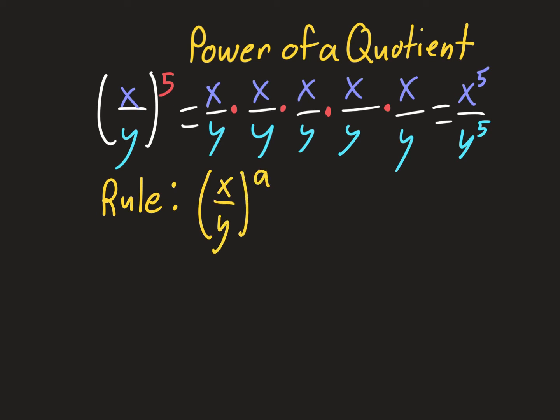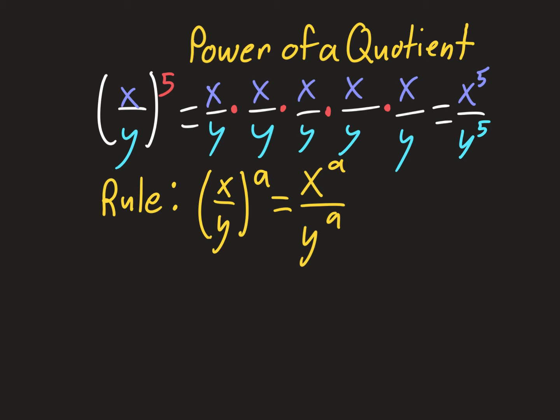If we were to write this out as a rule, then it would be, in parentheses, the quotient x over y, all raised to the power a, gives us the numerator x to the a over the denominator y to the a.